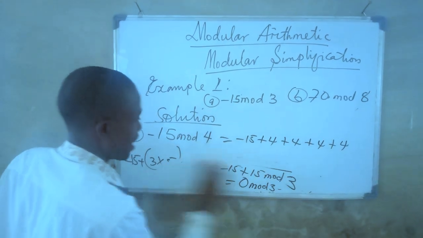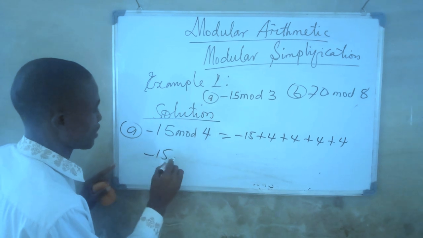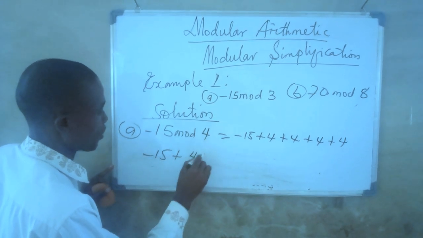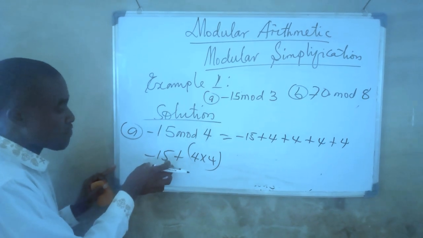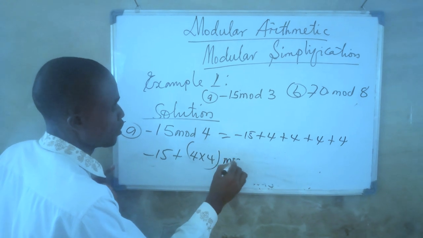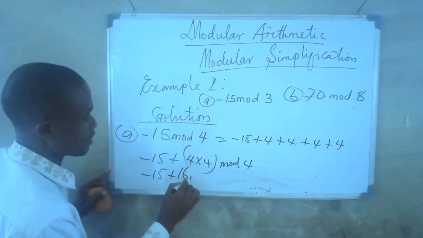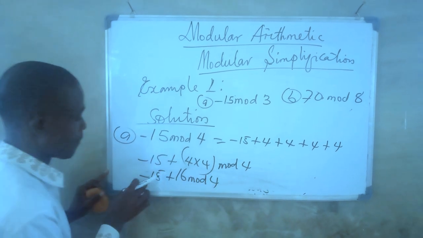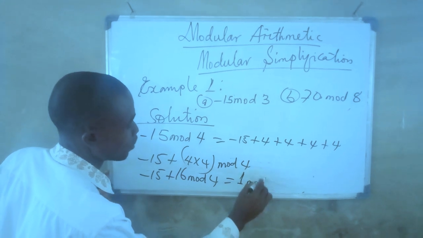That means indirectly we can say that minus 15 plus 4 times 4. We are looking for a way that we get a positive value. So minus 15 plus 4 times 4 modulo 4 gives us minus 15 plus 16 modulo 4. Minus 15 plus 16, what's the answer? That gives us 1 modulo 4.